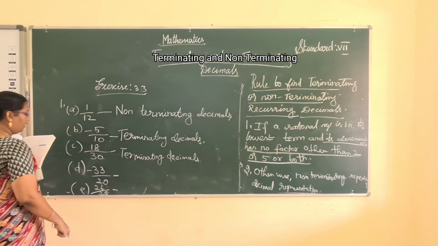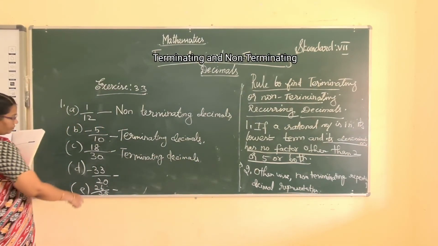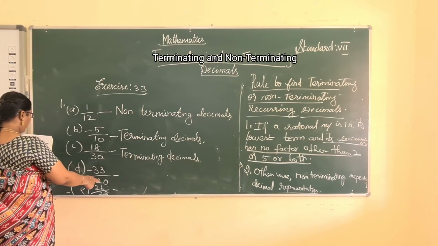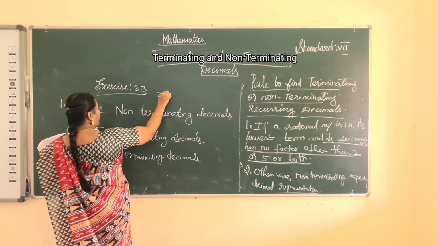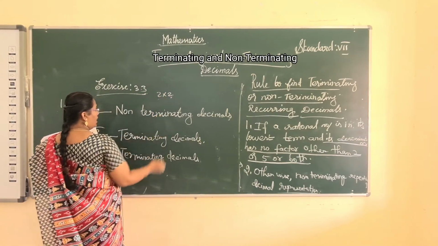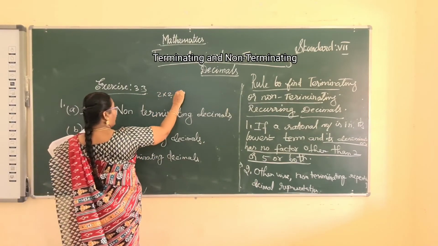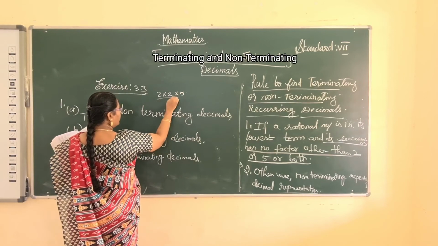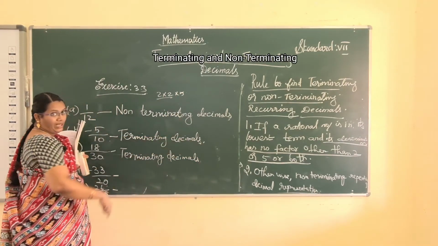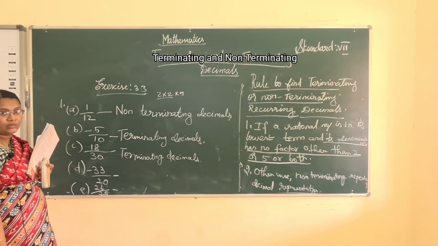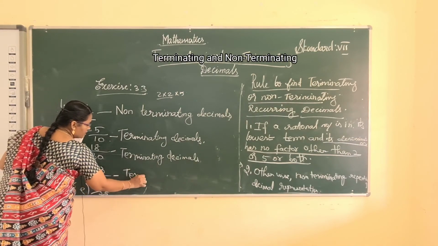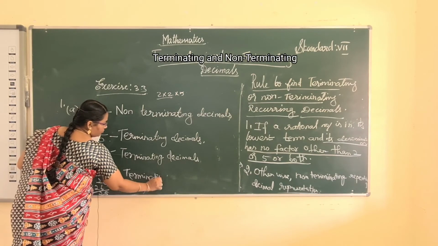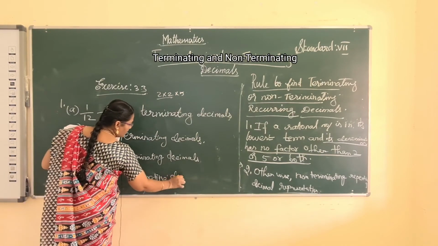Then 33 divided by 20: 2 2s are 4, 4 5s are 20. 2 and 5 are the prime factors, so it is terminating decimals.